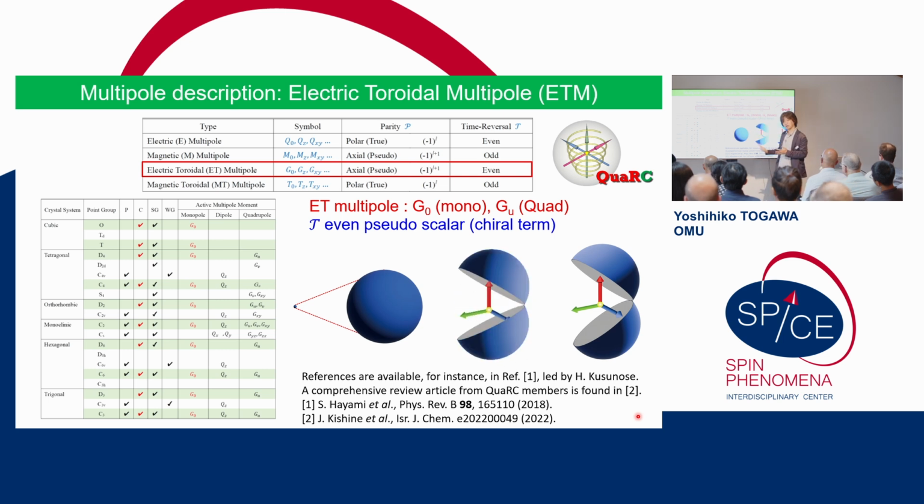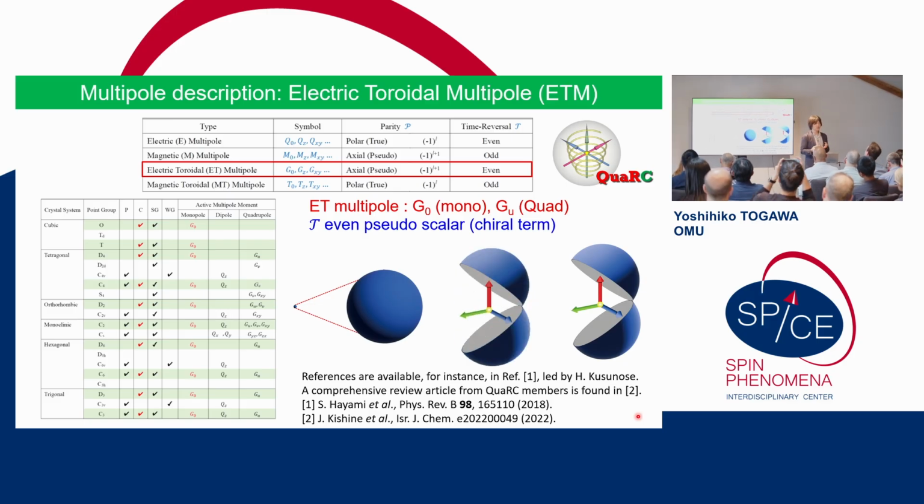But actually it's very hard to see something chiral in a point, so let us open it up. Chirality is a kind of internal degree of freedom. In this case we use three vectors to show the chirality, for example R dot L cross S.